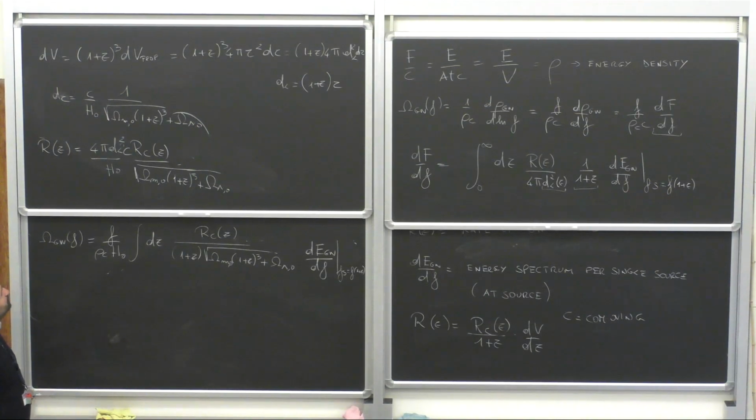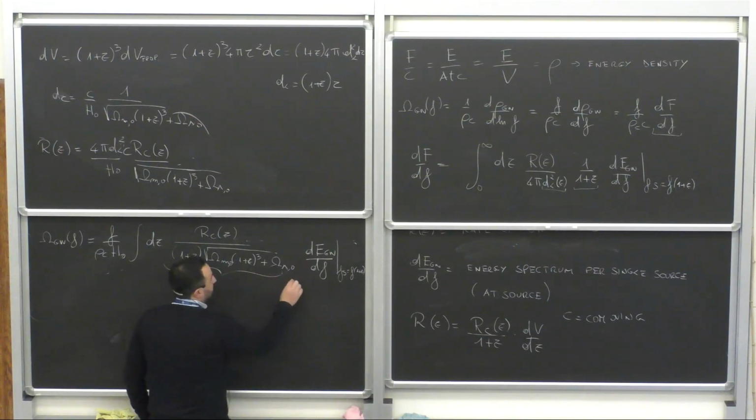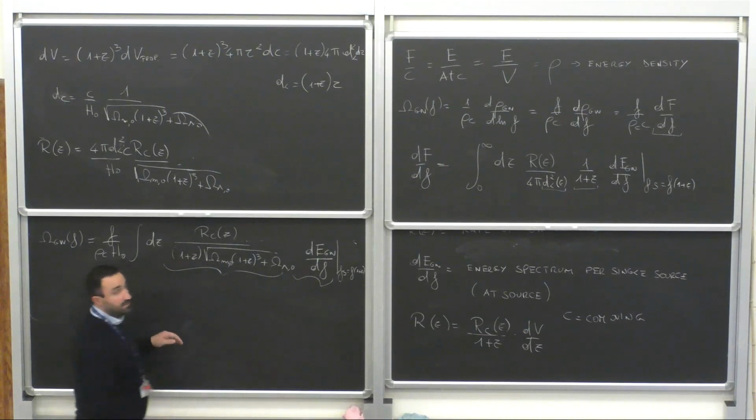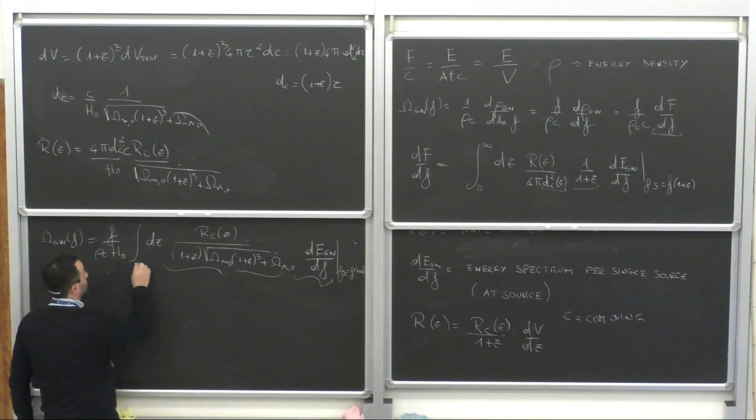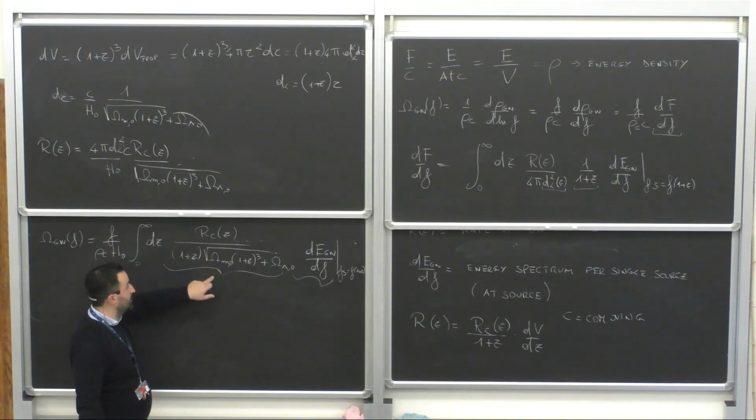There is also, yeah, yes. Okay, this is again a very easy interpretation. So you are integrating over all the redshift, okay? Your co-moving rate of sources, you redshift it to bring to today.